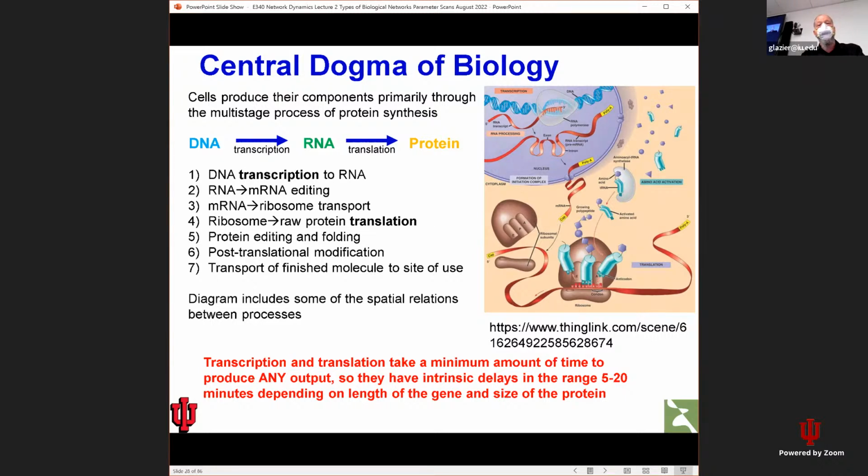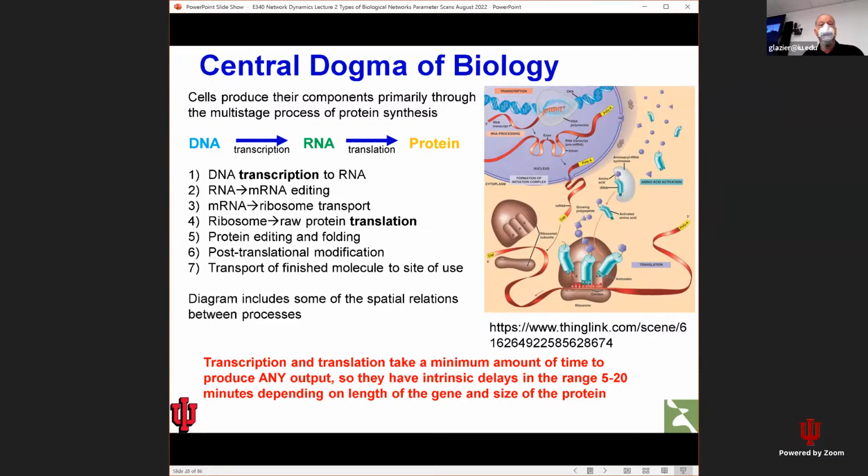The ribosome walks along the messenger RNA and builds the protein one component at a time, one residue at a time. And so if you have a long protein or a long gene, it takes quite a bit of time to walk through that. And there's nothing you can do really to speed that up.